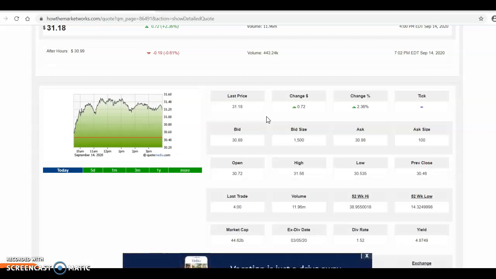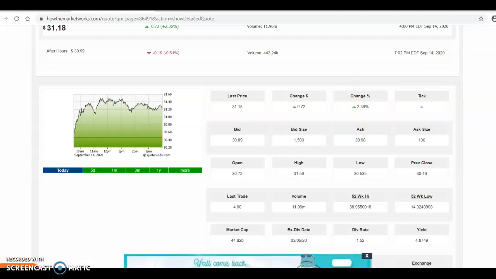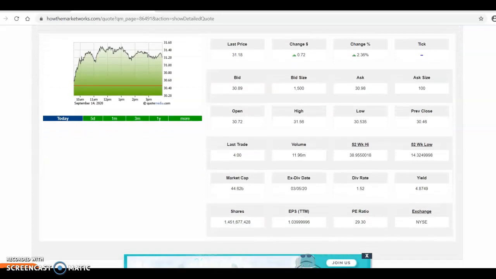If you have 10,000 shares, you made $7,200 today, okay? The change is 2.36% of an increase. It would have a down arrow that would be red if it went down today.